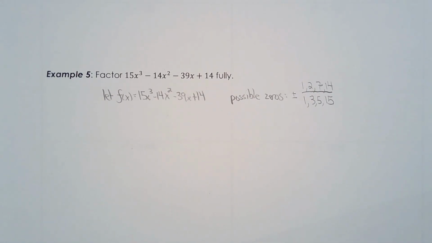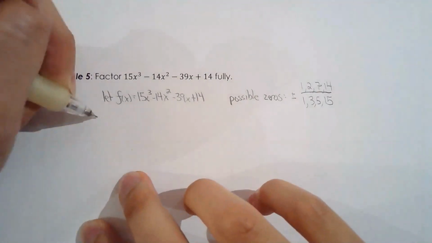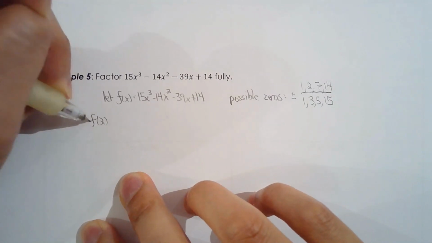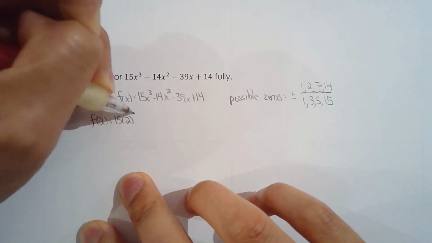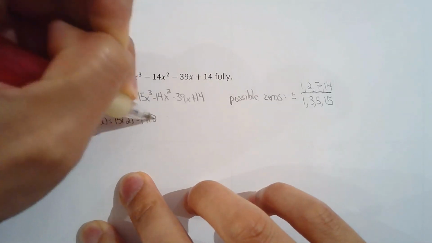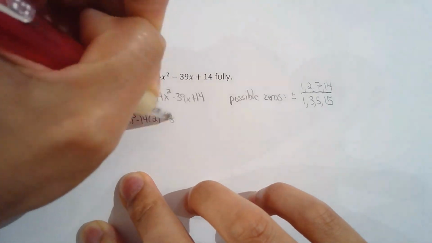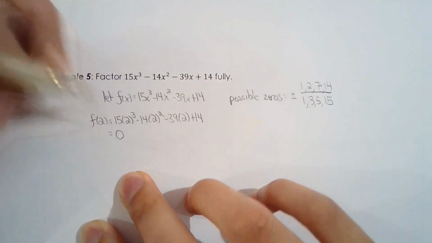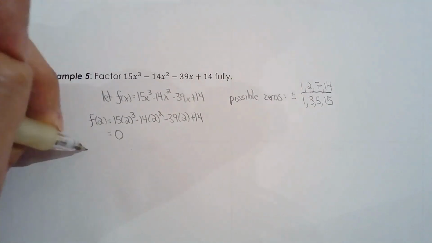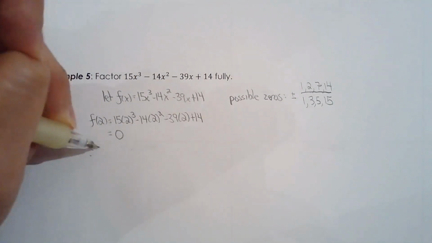Let me check. It was 2. 2 works out. All right, we successfully guessed 2 is our zero.